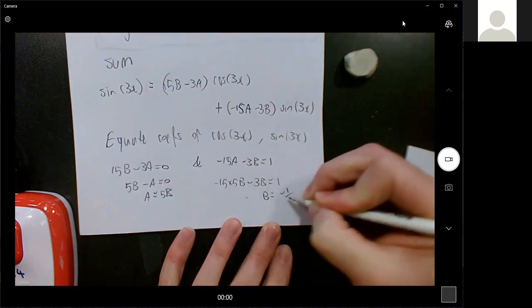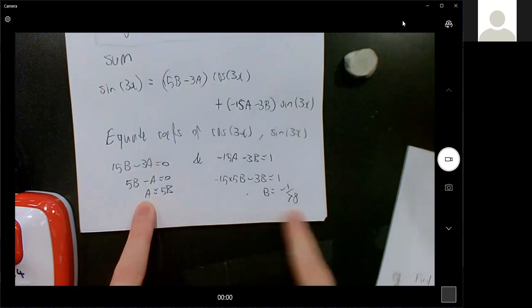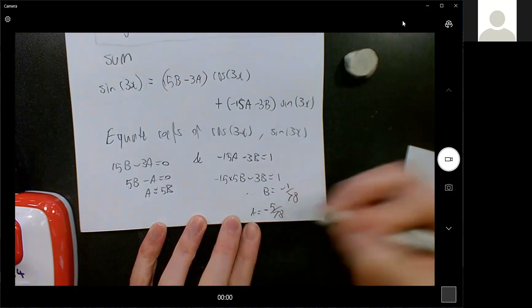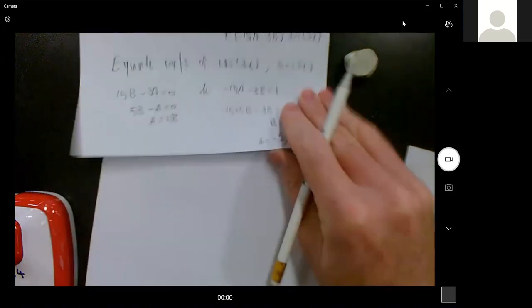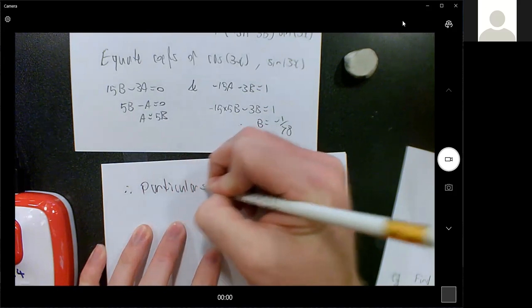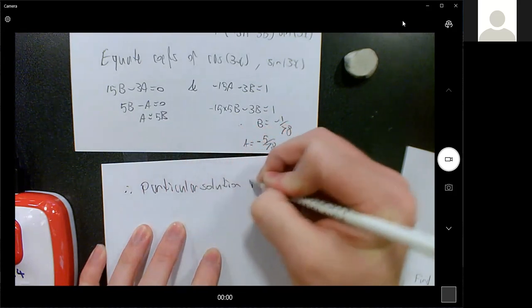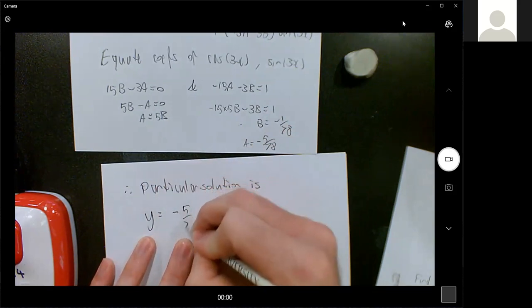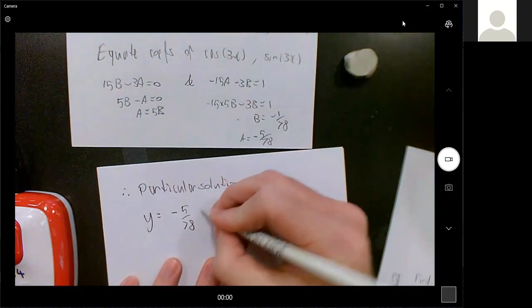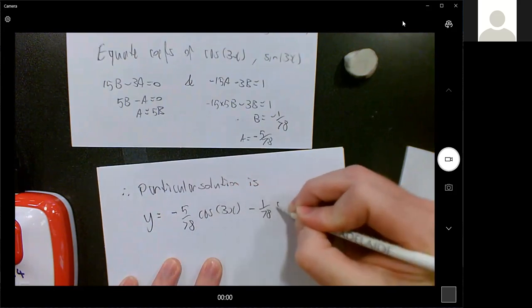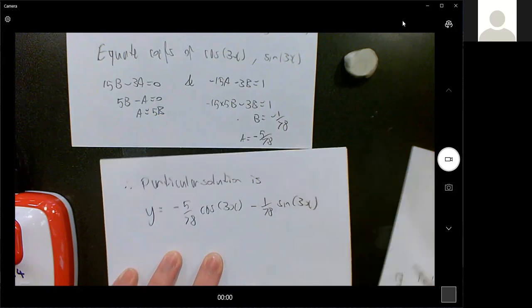B is negative 1 on 78, and because A is 5 lots of B, A is minus 5 on 78. Fabulous. Cool, and so therefore my particular solution is minus 5 on 78 cos 3x minus 1 on 78 sine of 3x.